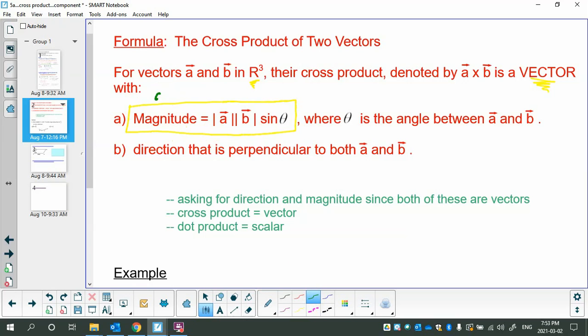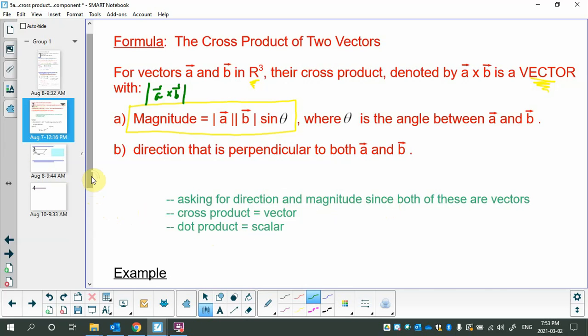So if you are finding A cross B, this formula doesn't give you A cross B, it gives you the magnitude of A cross B. And you'll need the magnitude of A individually, you'll need the magnitude of B individually, and you'll need theta, and you'll have to do sine theta, where theta is the angle between A and B. And like I've already said, the cross product gives you a vector that is perpendicular to both A and B. So if it's asking for direction and magnitude, then you're looking for cross product, which gives you a vector. And remember that dot product is a scalar.